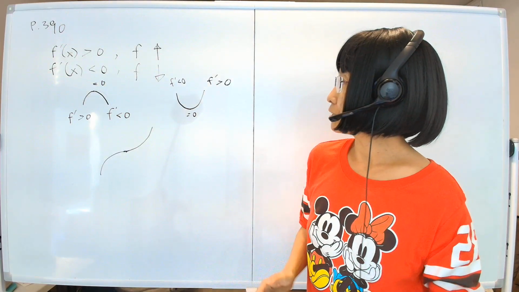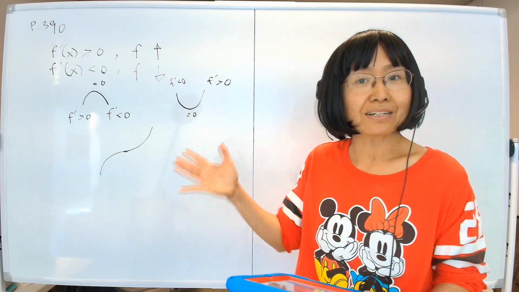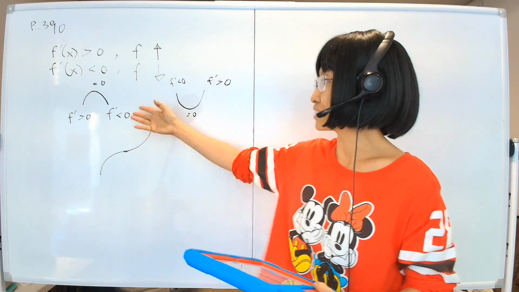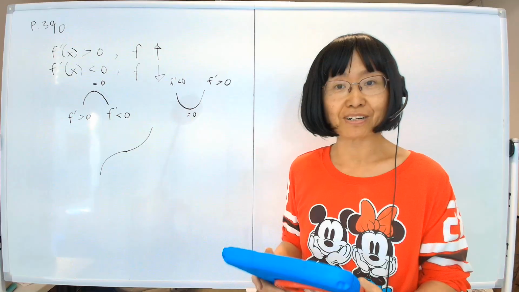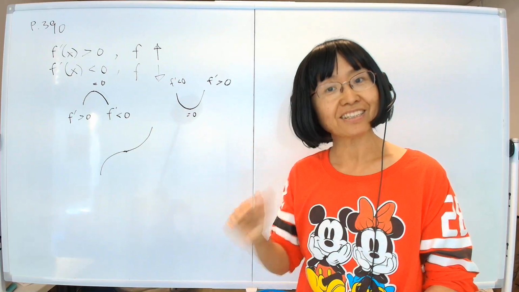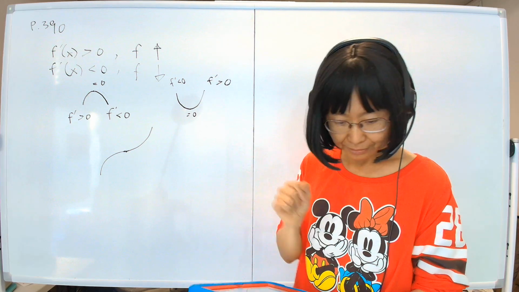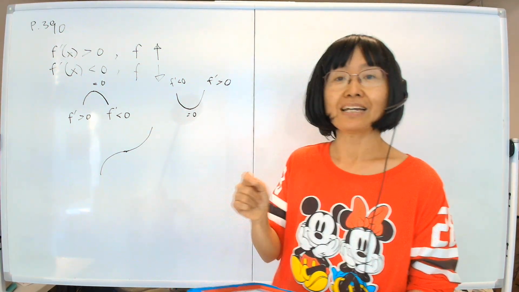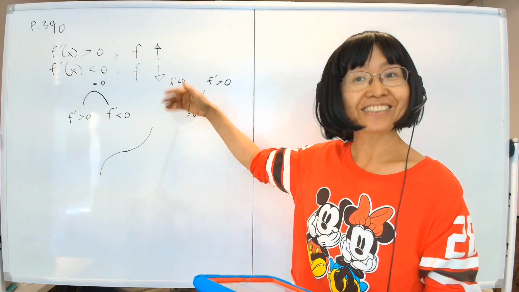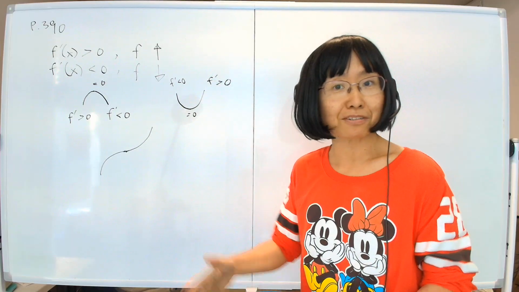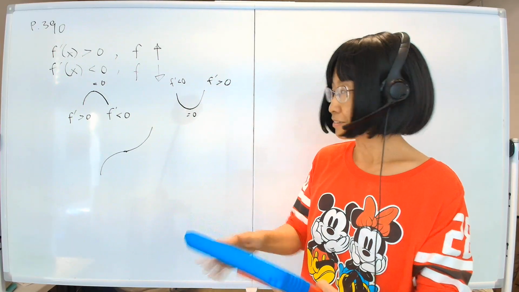Now you might wonder, why are we doing this? Because I can think of a quicker way to know if it's a local maximum or minimum for a given function. You just type it into the Desmos graphing calculator, or even your TI-84, and you see the graph and you know exactly what is the local maximum, minimum, whatever. You don't have to do this.